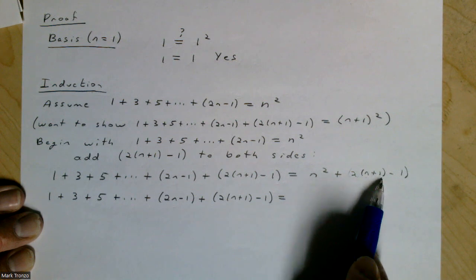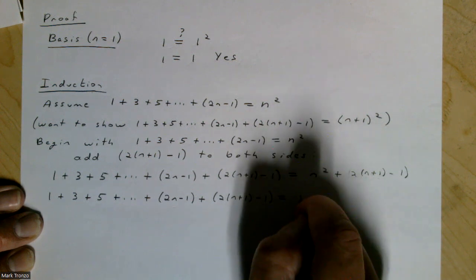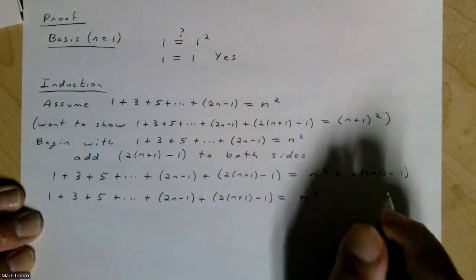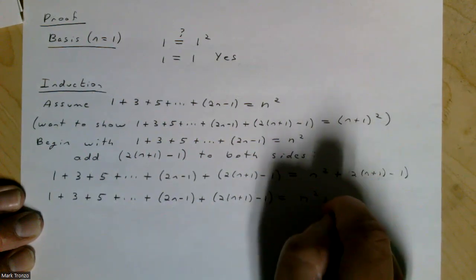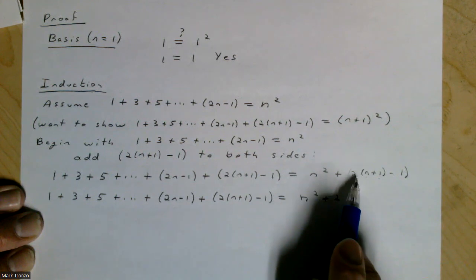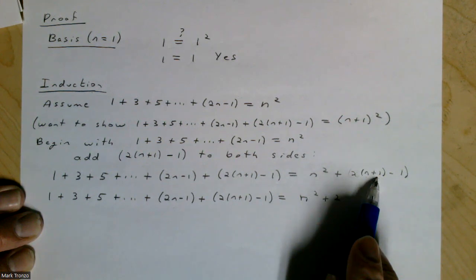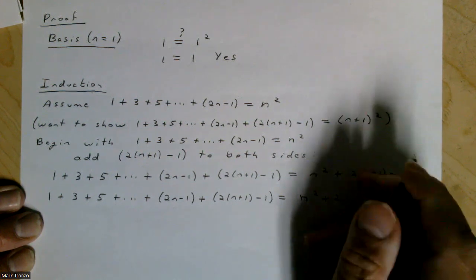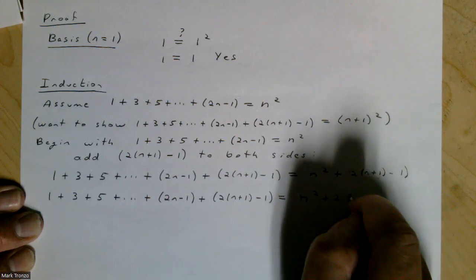So 2n plus 2 minus 1, that's going to be n squared plus 2n, then 2 times 1 is 2 minus 1. So that's what, plus 1.